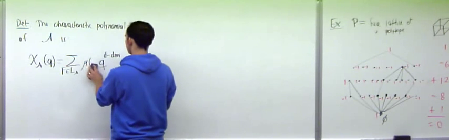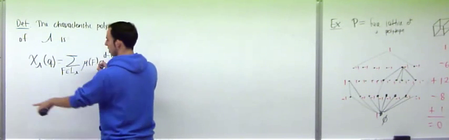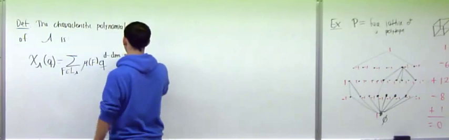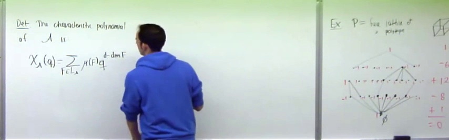Each one of these things represents a flat, and d minus the dimension of the flat.